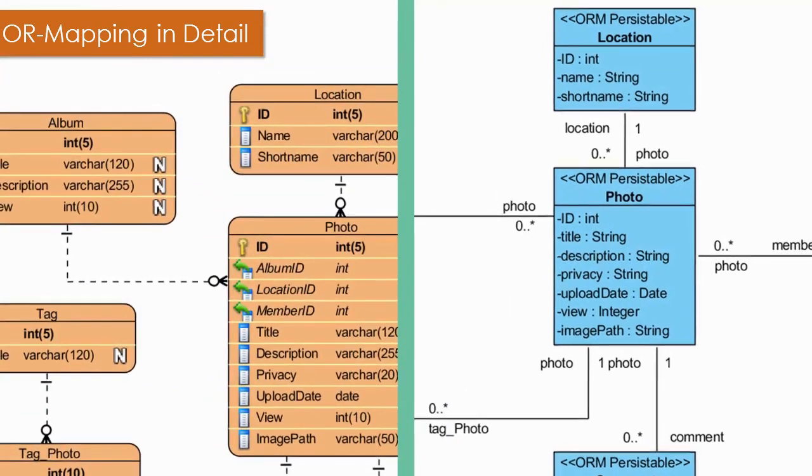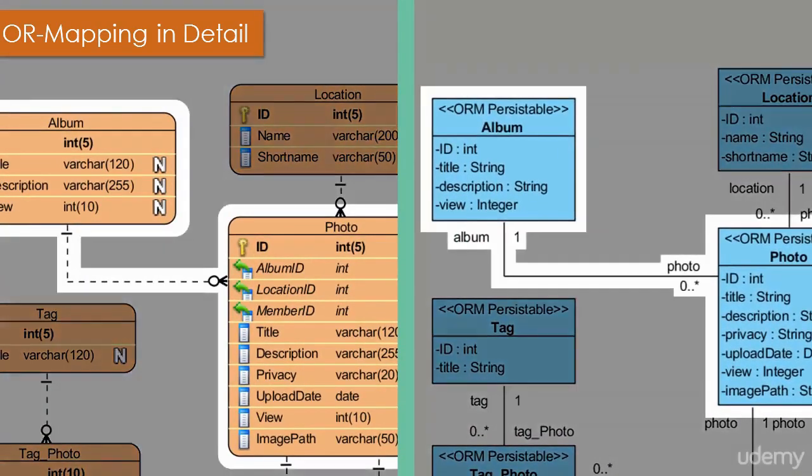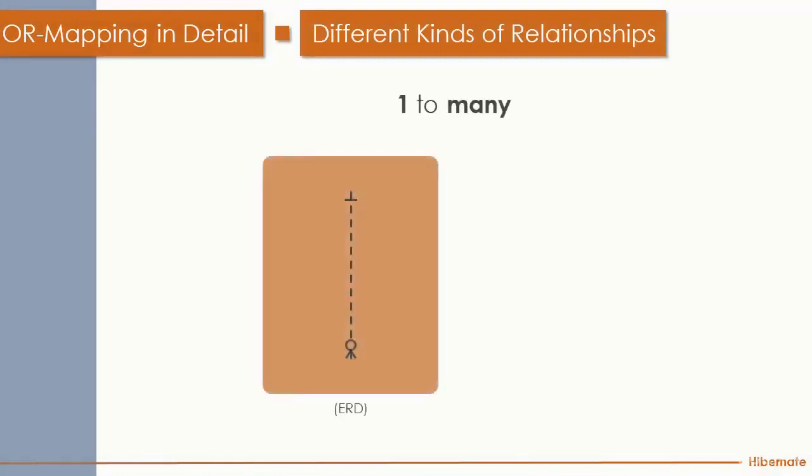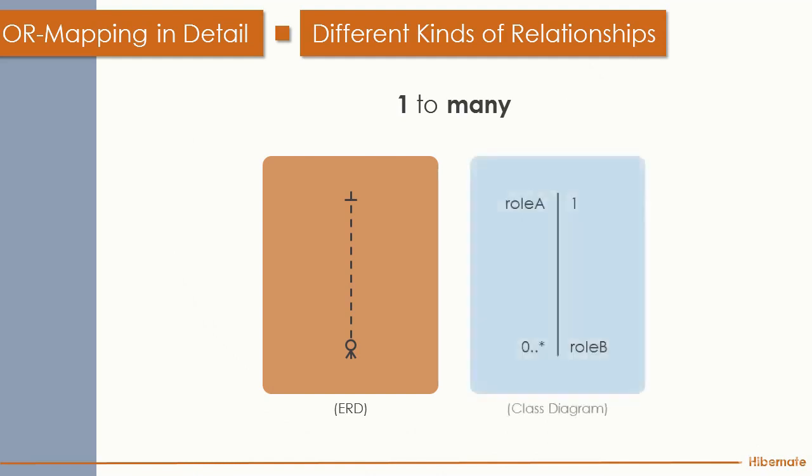We move to the relationship now. In the ERD, we have the relationship. When generated to the class diagram, we will have the association to correspond to the relationship. The foreign key relationship in the ERD has different relationship types. First, you have a one-to-many.